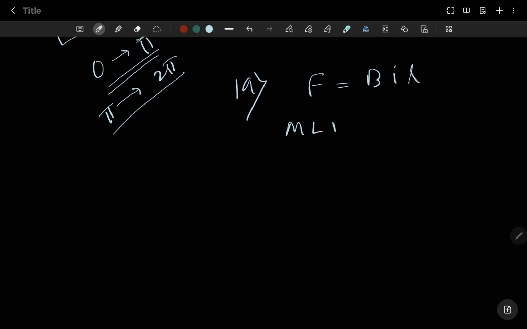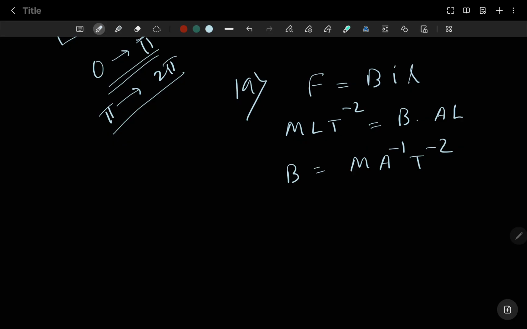It is M L T to the power minus 2 equals B, this is A L, so L is gone, so B will be M A to the power minus 1 T to the power minus 2.